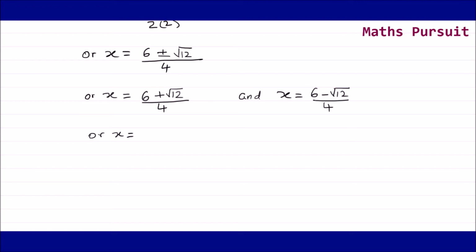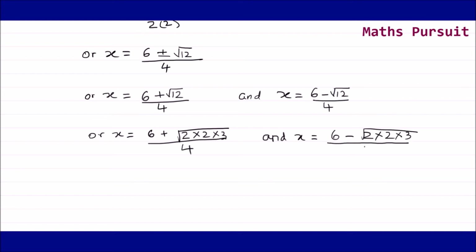Now I can write x is equal to 6 plus root over 12 upon 4. You can see 12 is nothing but 2 into 2 into 3. 2 2s are 4, 4 3s are 12, upon 4.